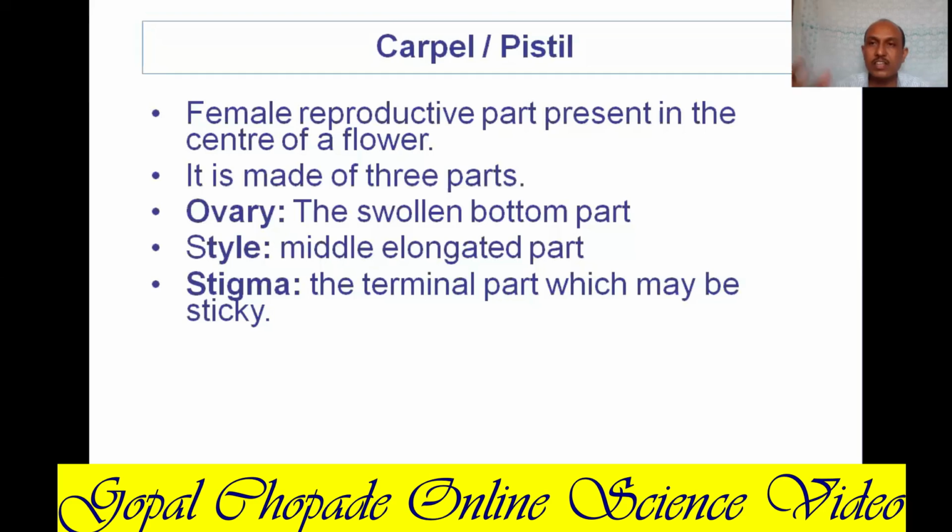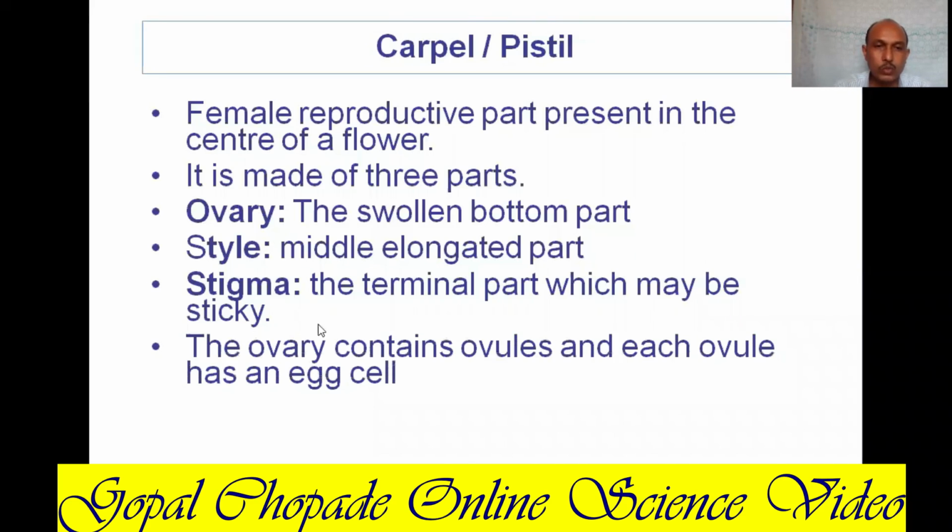Generally, the stigma is sticky to catch the pollen grains and allow them to germinate. Inside the ovary there are ovules, like pollen grains. Inside the pollen grain, male gametes are there, and each ovule contains a female gamete, or what you call the egg cell. So these are the different parts of a flower, stamen and pistil.